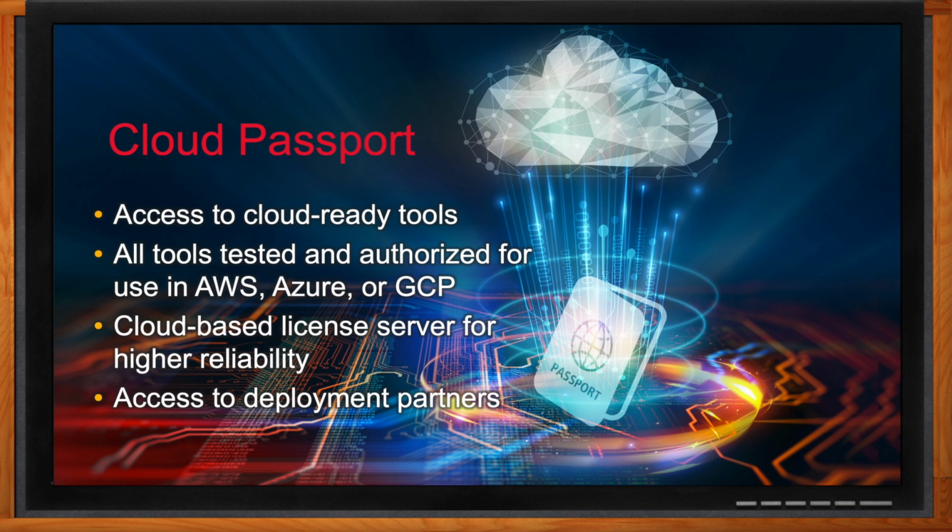Do I add a second license server that can run in the cloud, or do I try to run from the same license server that sits on-prem? Our advice is to add a second license server, put that license server in the cloud right next to the software where the software is running, so that the tools never have a dependency on a network connection that would go outside the cloud, back across the internet, through a company's firewall to a server that may or may not actually be available. So that's what we mean when we say a cloud-based license server for higher reliability.